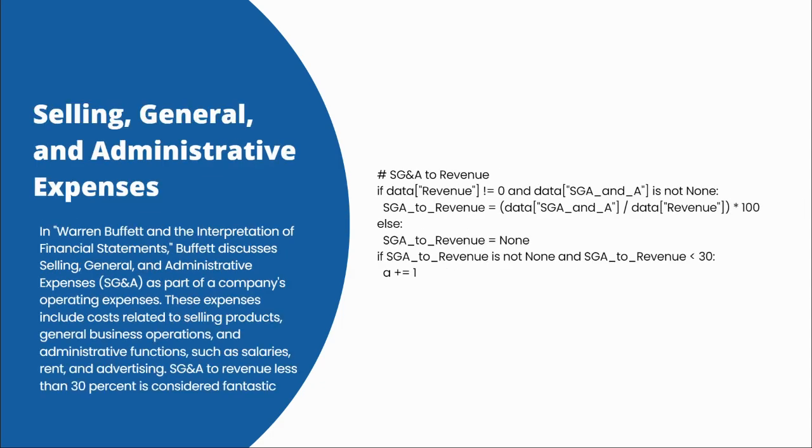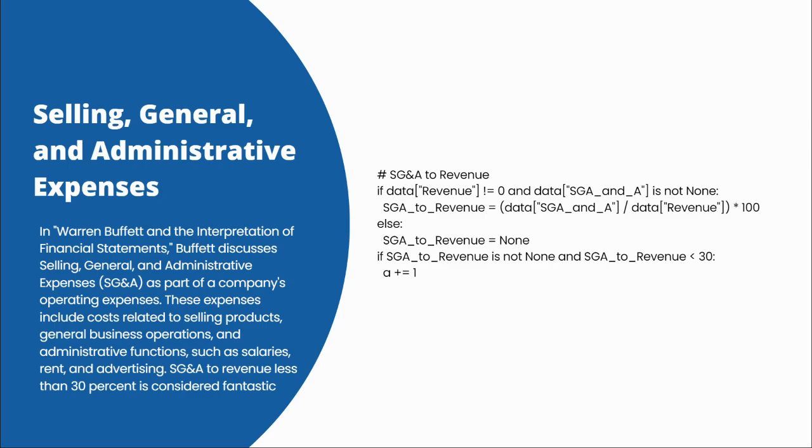So moving on to this one. SG&A is short for selling, general, and administrative expense. In Warren Buffett's interpretation of financial statements, Buffett discussed SG&A as a part of company operating expense.